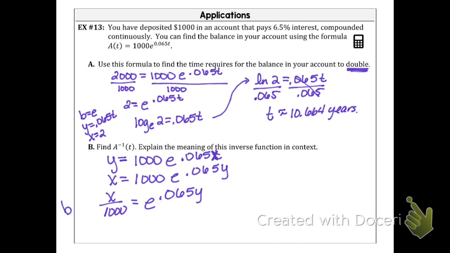So I know my base is e, my y is the 0.065y, and my x is the x over 1,000. So I have log base b of x equals y.